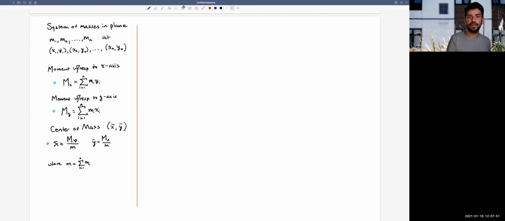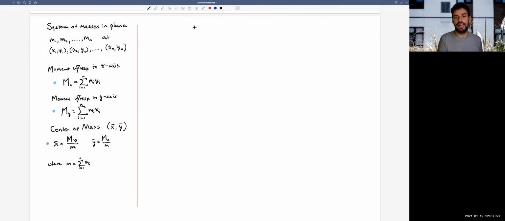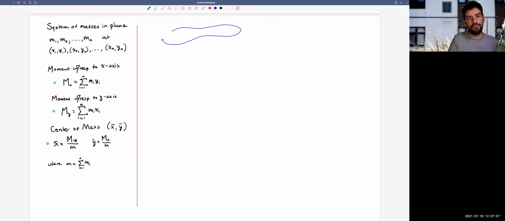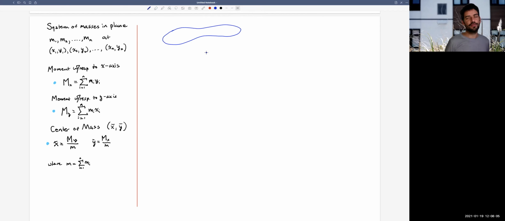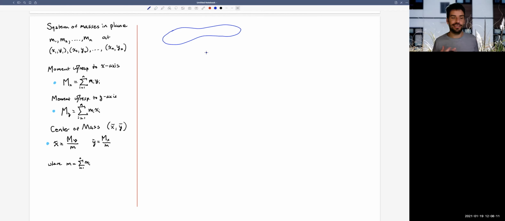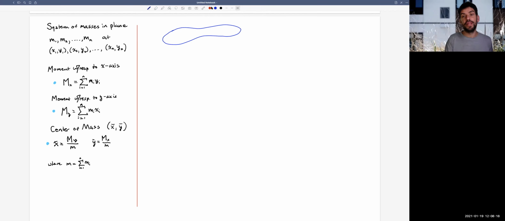Let's think of it as a flat, some kind of flat arbitrary shape. Its density is going to be consistent throughout, so there's going to be no changing density function like we saw in some of the earlier videos. And by flat, we're essentially going to ignore that it's a three-dimensional object and say that it's so flat that we can treat it like a two-dimensional object.